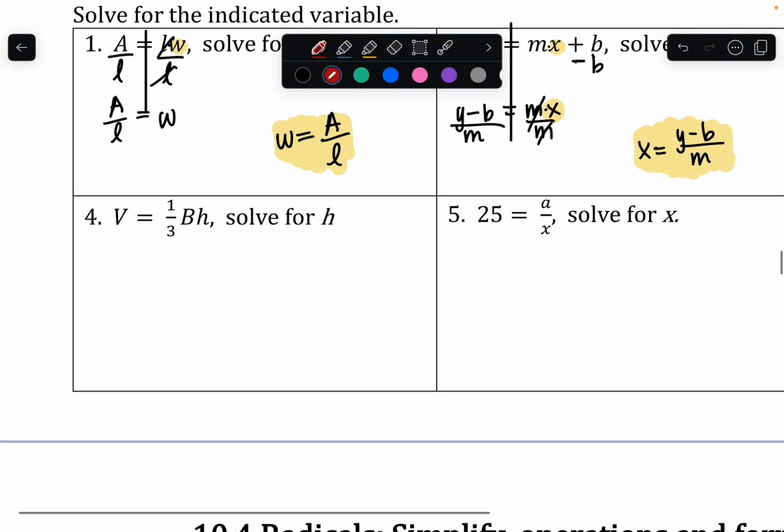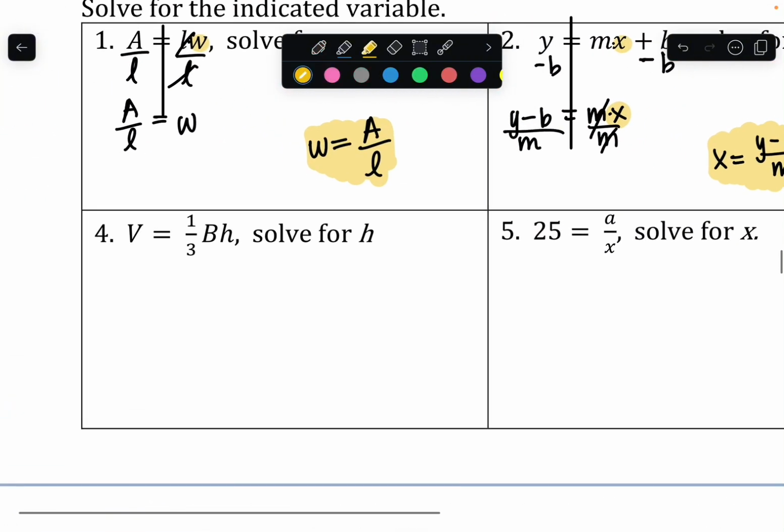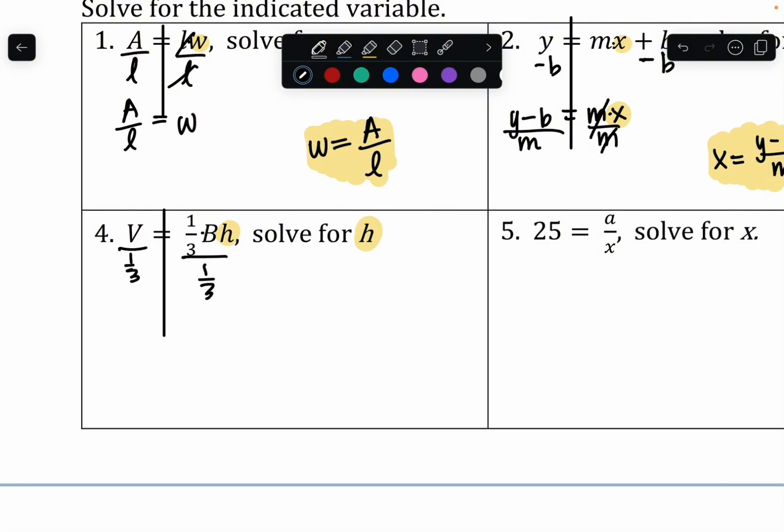Okay, on number 4, we are solving for h. Okay, and so I'm seeing a fraction. Instead of dividing by 1/3, that looks pretty ugly. You don't want a triple layer fraction. That's not simplified. So instead of dividing by 1/3, that's the same as multiplying by the reciprocal, which is 3 over 1.